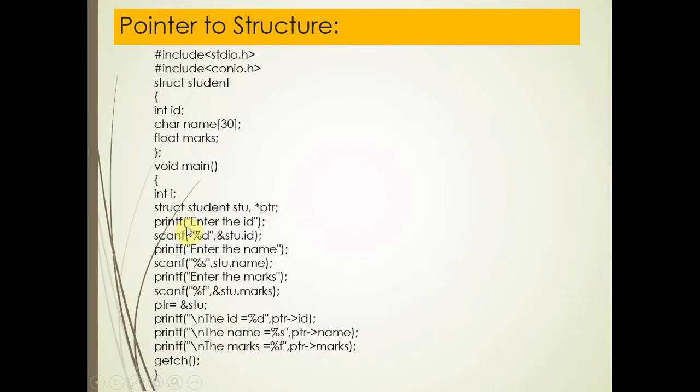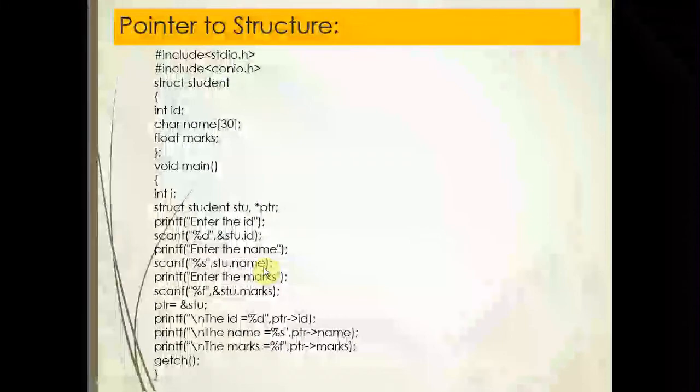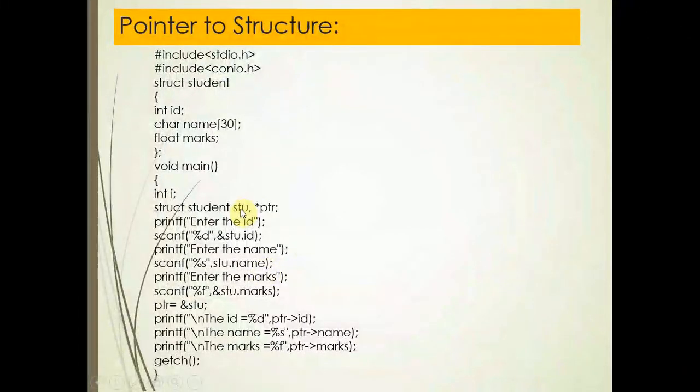So just see the statement printf the id. Here I am going to initialize the values to the first record. Basically there is only one record here. So when you enter the id, it will be stored at stu.id, whatever value you enter here. Next statement is printf enter the name. So this will be accessed by stu.name, because stu is a normal variable.